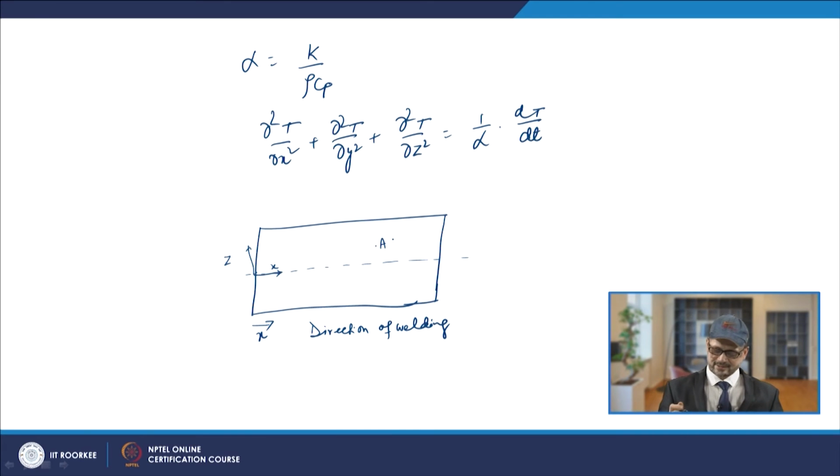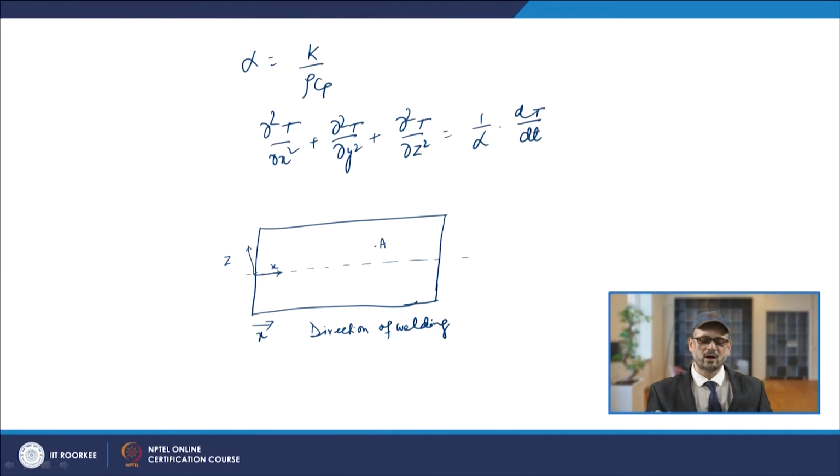In this case, the tip of the electrode will be moving in the x direction, so the other distances will remain fixed except the x coordinate. So what we normally do in such cases is change the coordinate system. You have to shift the coordinate system.